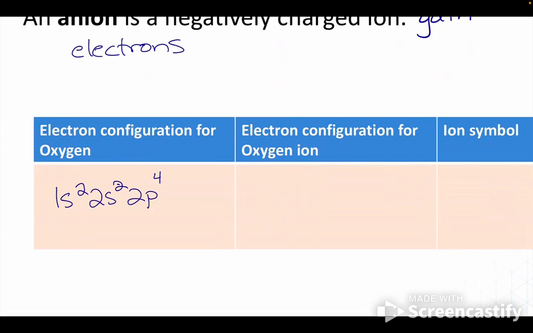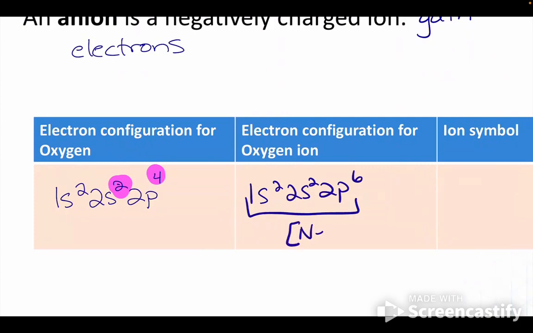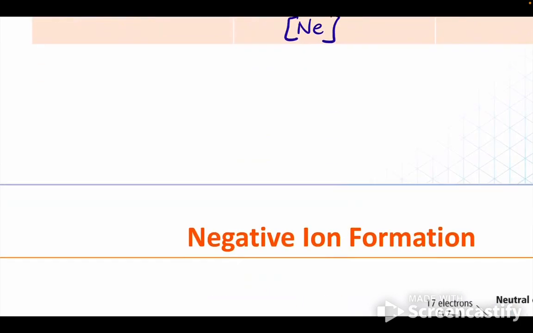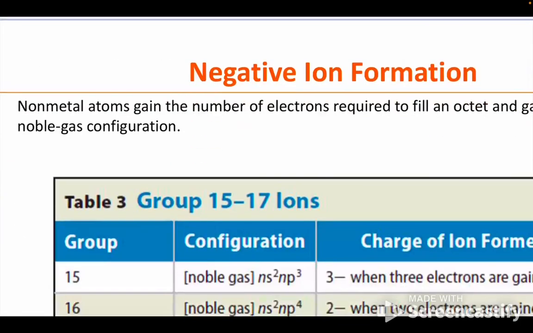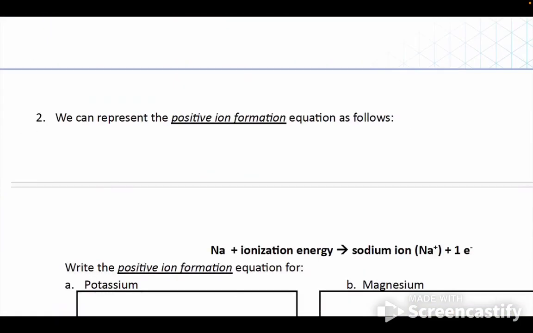It wants to gain 2 more. So then it would become 1s2, 2s2, 2p6, which is like neon. You can write it either way. If you do the neon way, you want to use the brackets. And because it gained 2, it's a -2 charge.